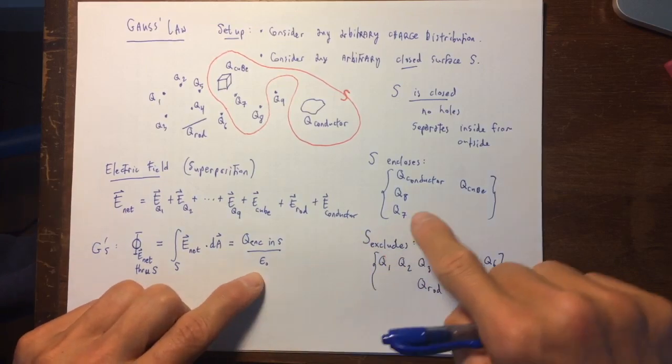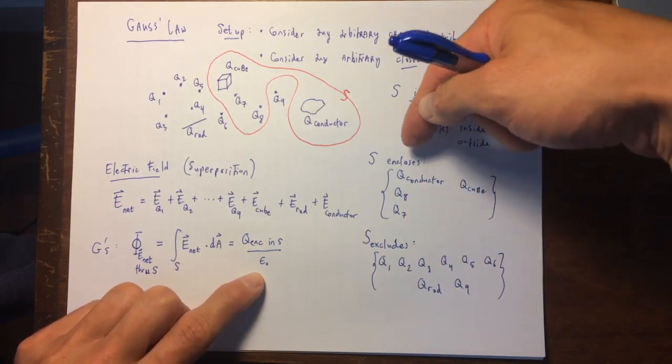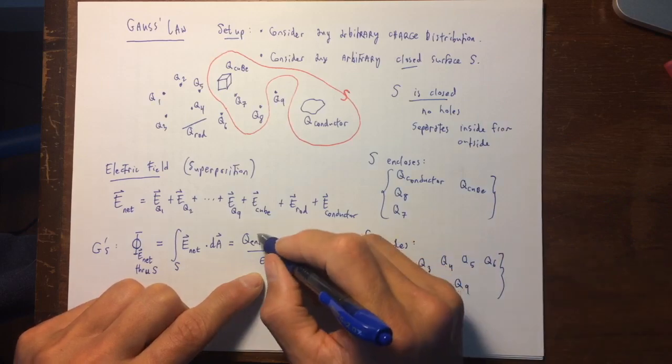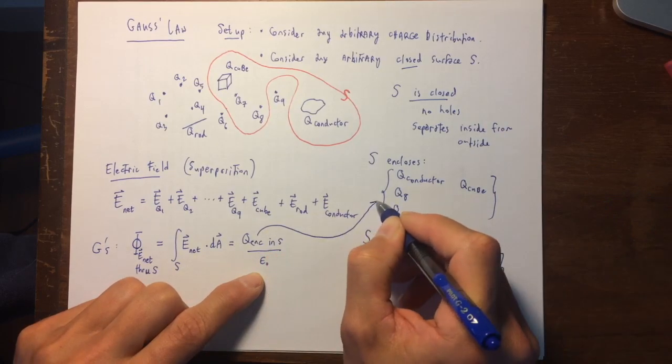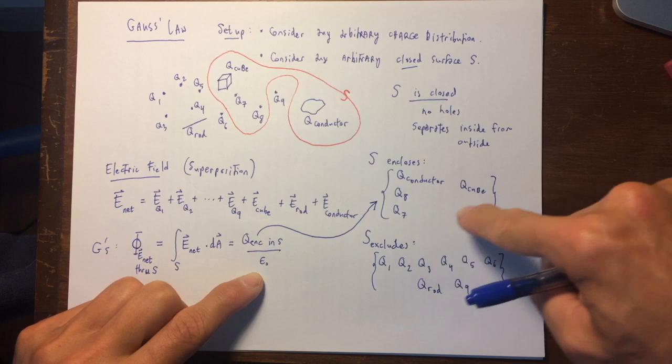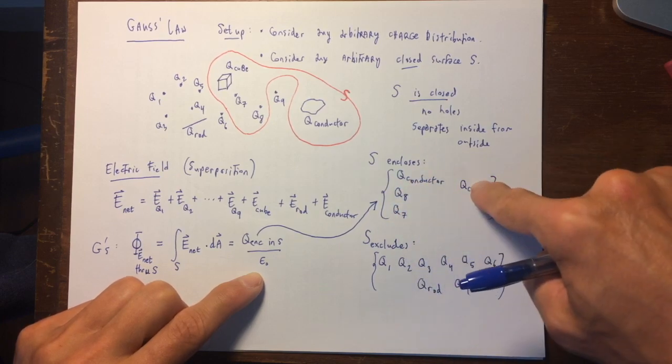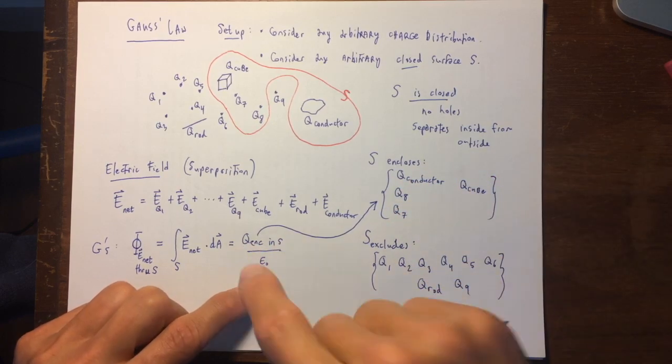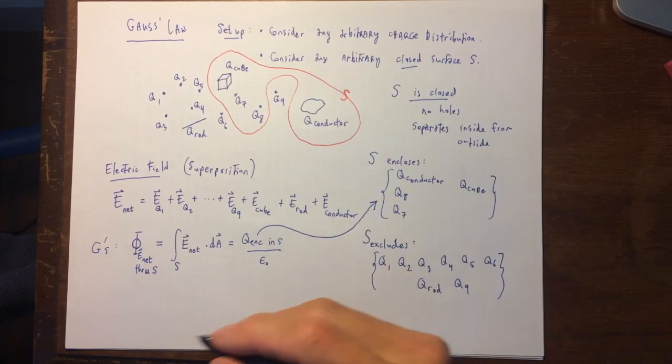So in this case, it's the sum of those 4 different amounts of charge.